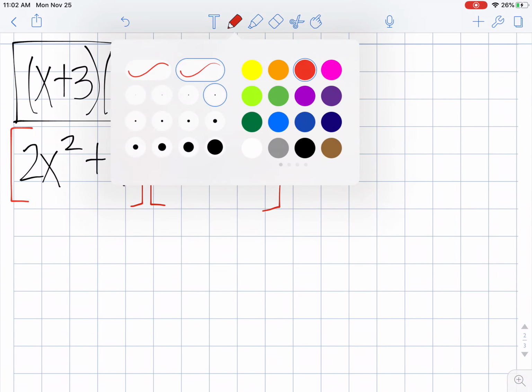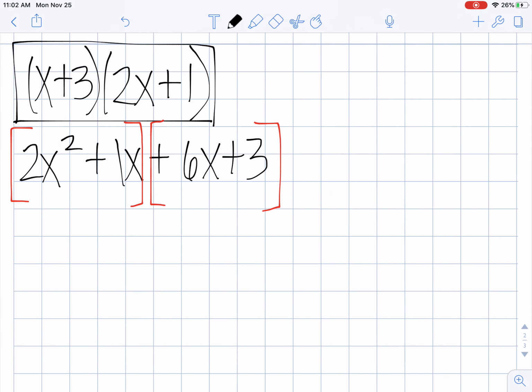I ask myself the question, okay, what do 2x squared and 1x have in common? 2 and 1, they don't have any coefficients in common, but they both have x's. So if I take out an x, x times 2x is equal to 2x squared, and x times 1 is equal to 1x. What about in my next group? What do both of these have in common?